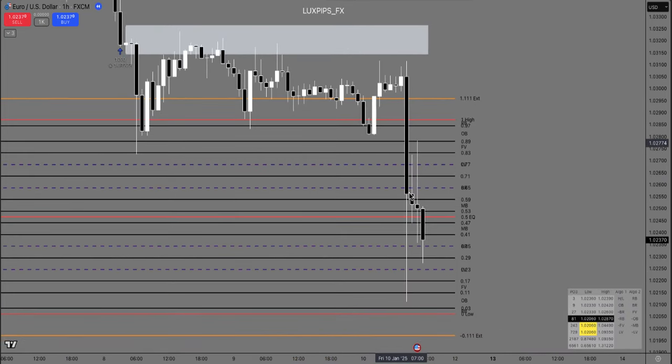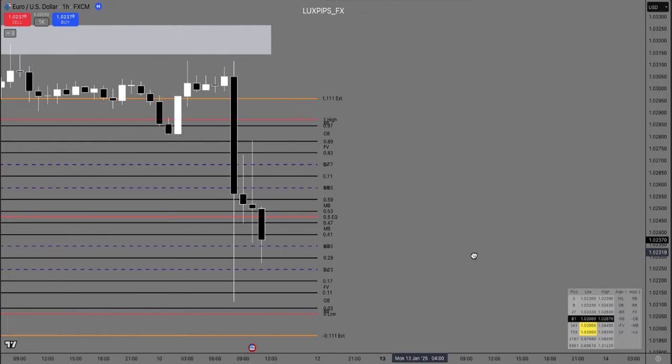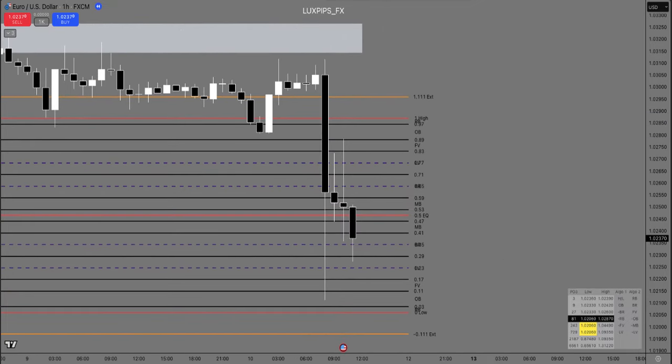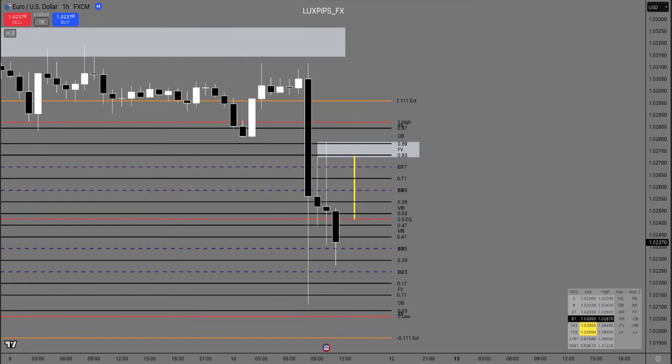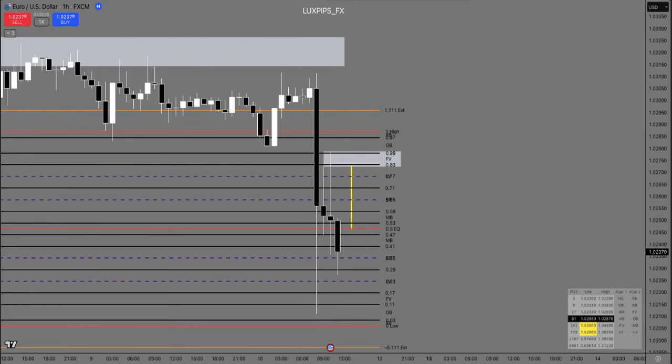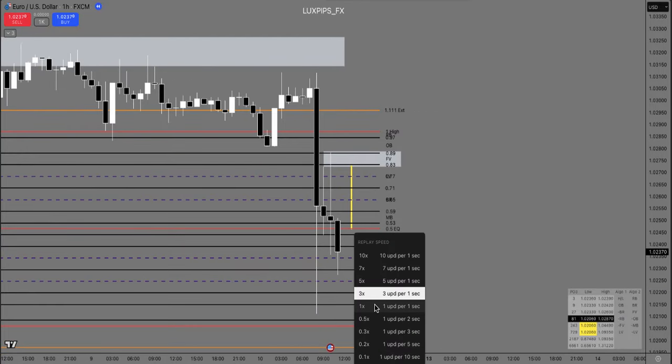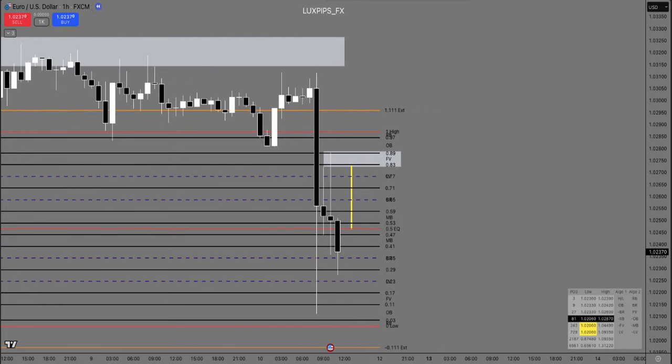Now we're in a new dealing range. So it does look like I paused a little too late, because there was a beautiful Algo 2 right here, which went to the EQ. But looks like I'm going to miss out on this trade, which is fine. I might just lower this a little bit so I don't pause it too late again.